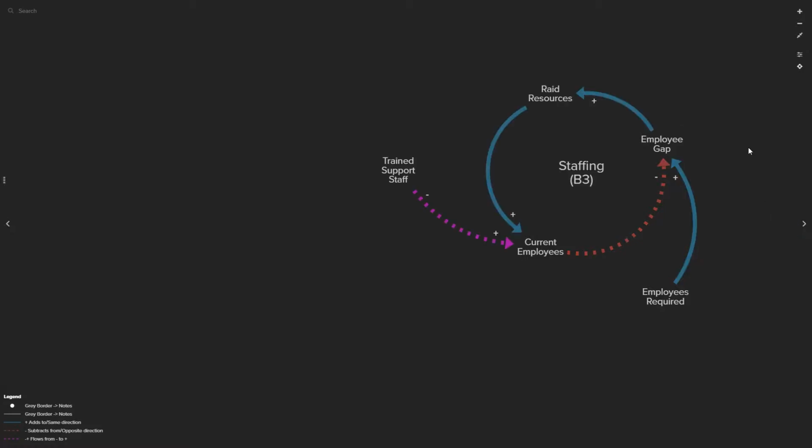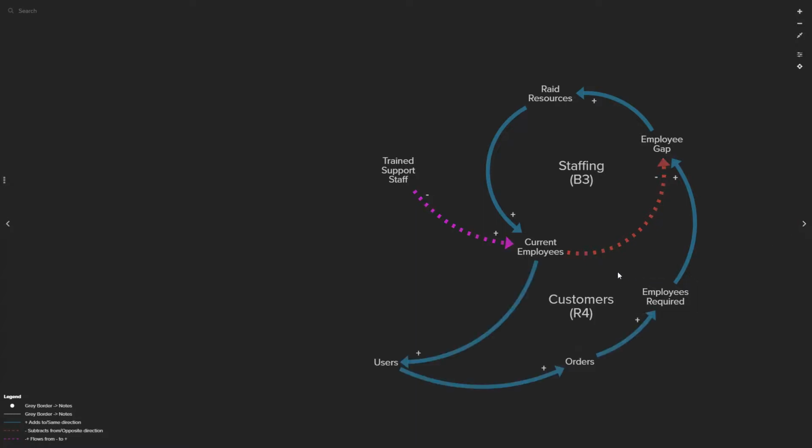Well, they steal them from support, of course, because that's the only place to find people that are knowledgeable in those three dimensions. So the existing support staff is added to current employees to solve the staffing problem for the rest of the organization, which ends up making support's life even more miserable on an ongoing basis.